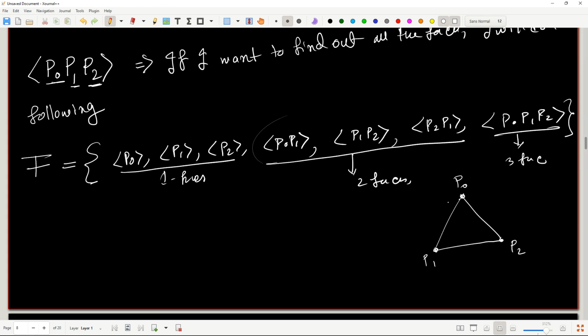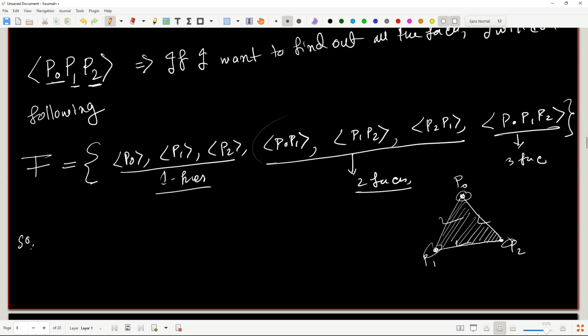These 2 faces are just these lines, these 1 faces are these points, and this 3 face is the filled area over here, the simplex itself. And these 1 faces and 2 faces will be called proper faces of this simplex.